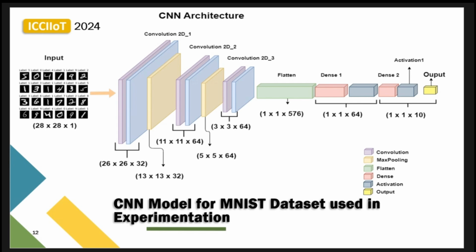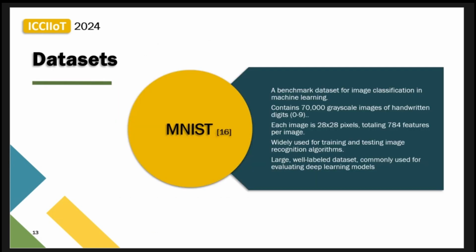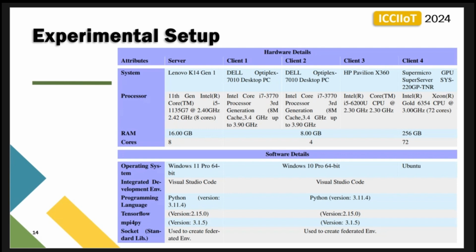It has almost 94,000 trainable parameters. Here is a short description of the well-known benchmark dataset. The MNIST dataset contains almost 70,000 grayscale images of handwritten digits, and is widely used for training and testing image recognition algorithms and evaluating deep learning models.